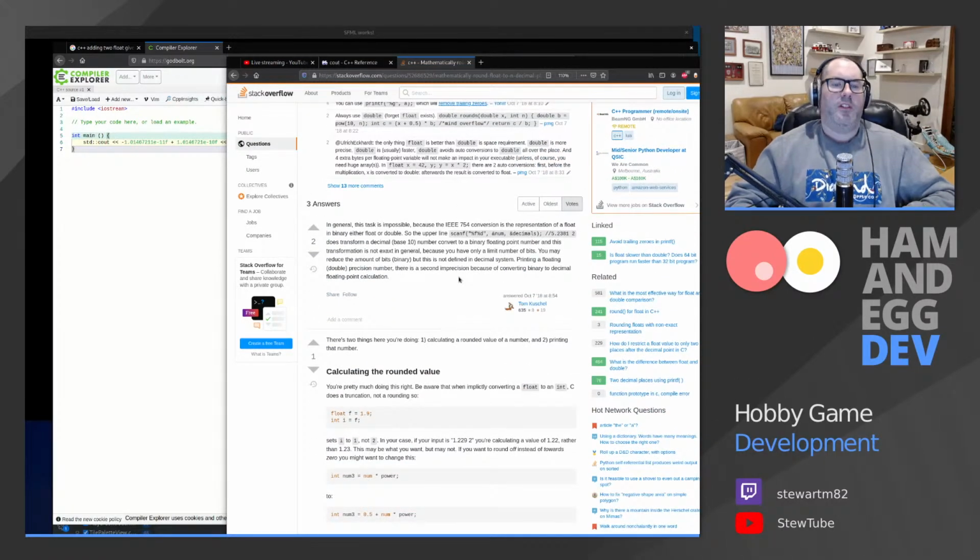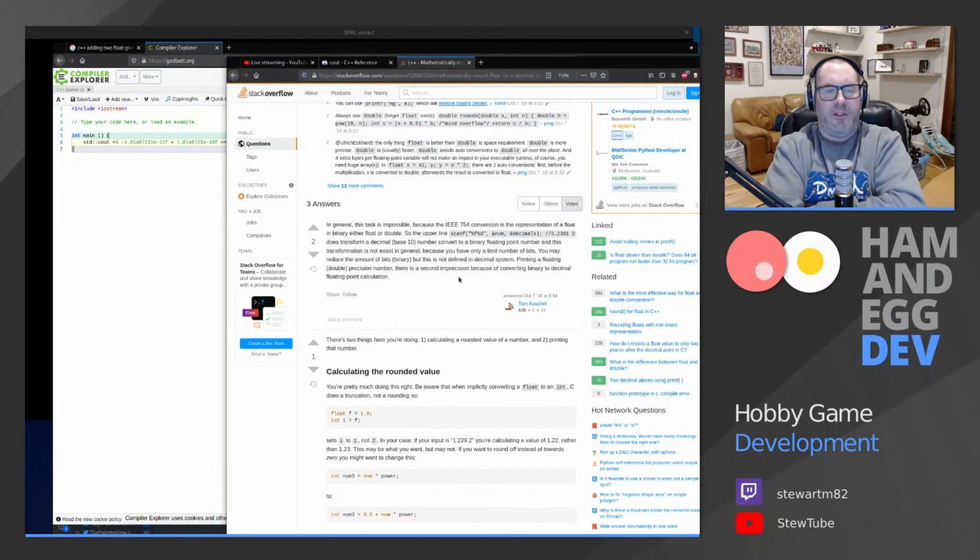In general, this task is impossible because IEEE 754 conversion is the representation of float in binary, either float or double. Does not exist in general because you only have a limited number of bits. Right, fair enough. You may reduce the amount of bits.